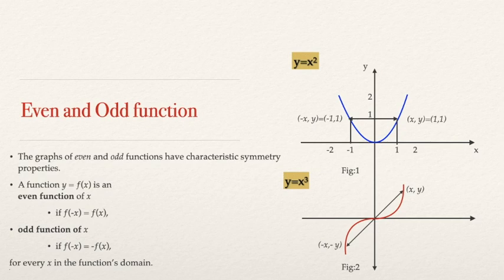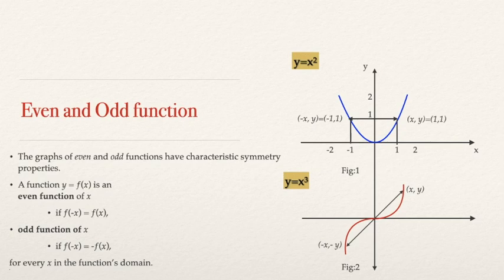So why the name even or odd? The name comes from the powers of x. If y is an even power of x, such as y equal to x square or y equal to x to the power 4, then it is an even function of x because minus x whole square equal to x square and minus x whole to the power 4 equal to x to the power 4.